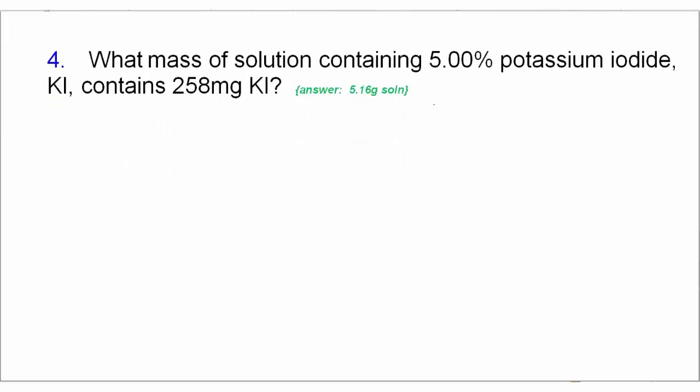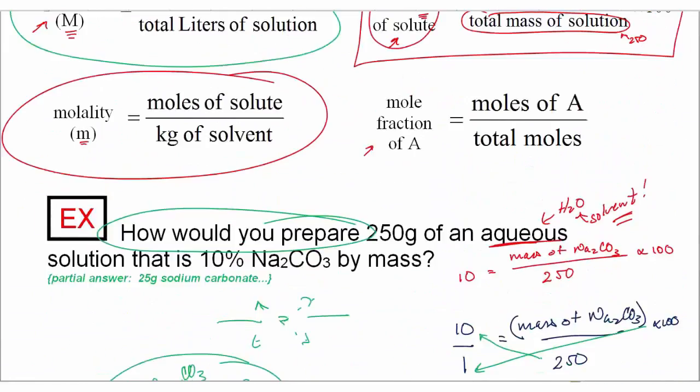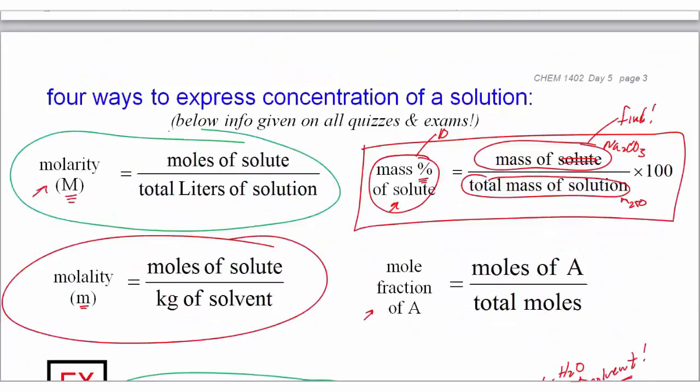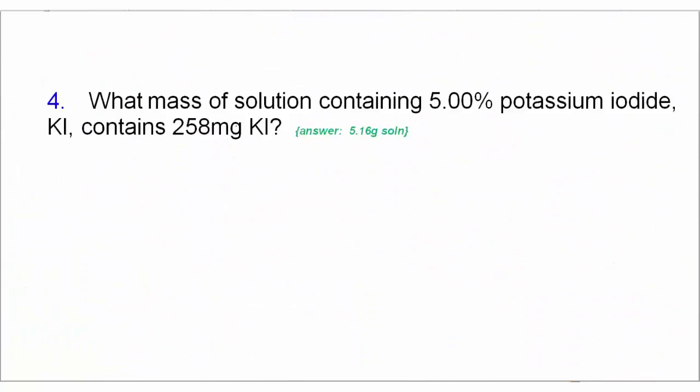What mass of solution containing 5% potassium iodide contains 258 milligrams of potassium iodide? So remember the milli is milligrams. We'll have our percent equation; go back up and identify it. Mass percent equals mass of solute over total mass of solution times 100.